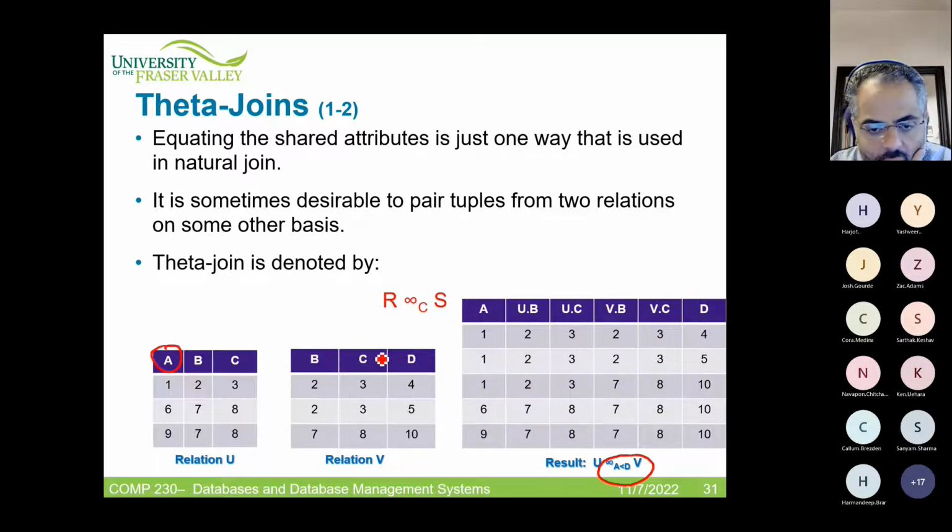So A less than D from here. We will start one by one like always. Start with this and this. A is 1, D is 4. So A less than D, we can take it, which is here.